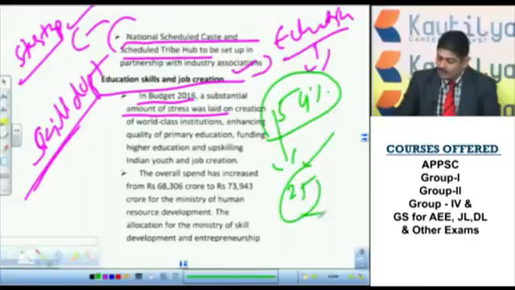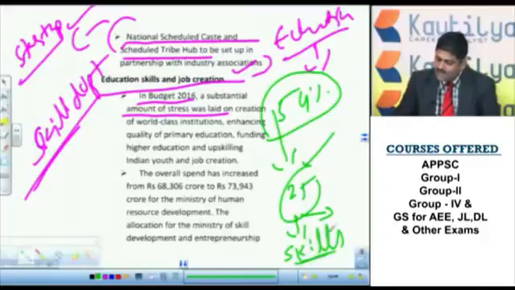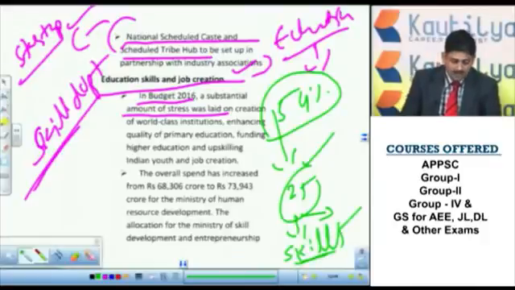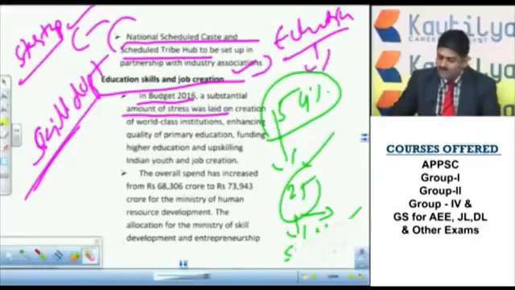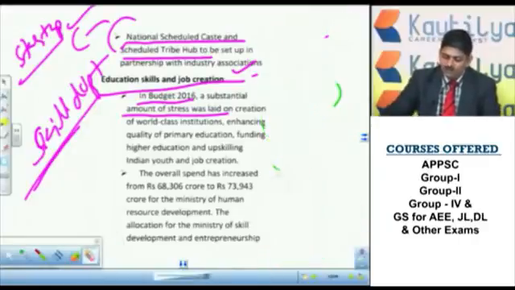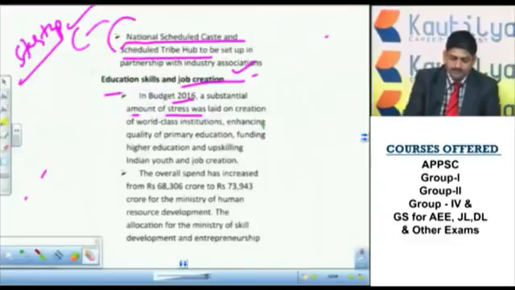That means youth is high in number in India. They need jobs, but they lack certain skills for employment. So in order to promote these skills, this time a good amount was allocated. So we will see that.